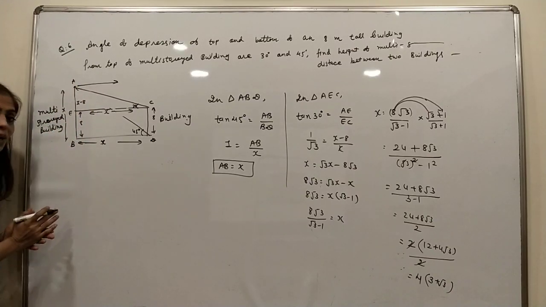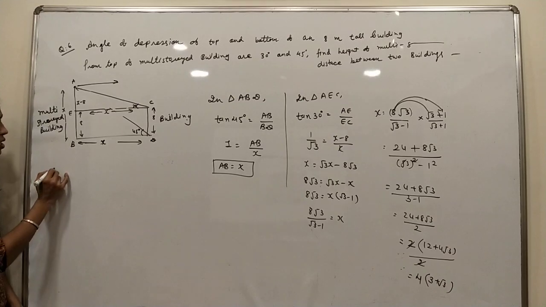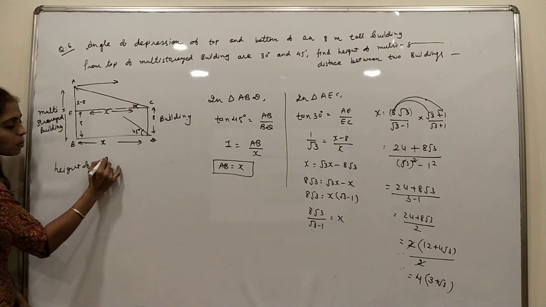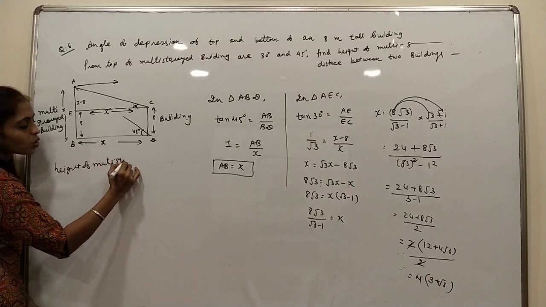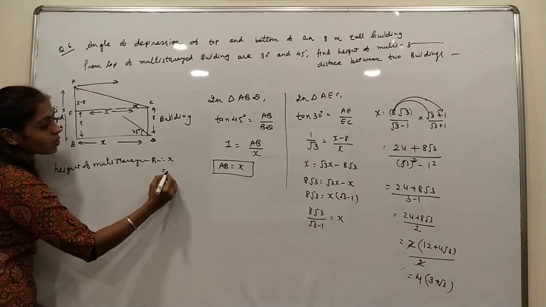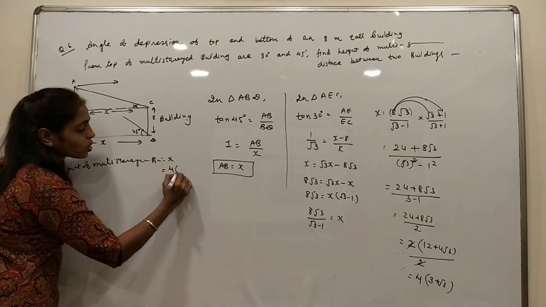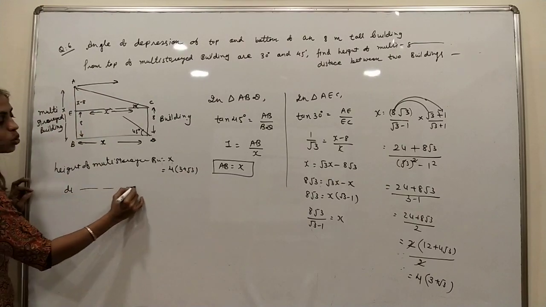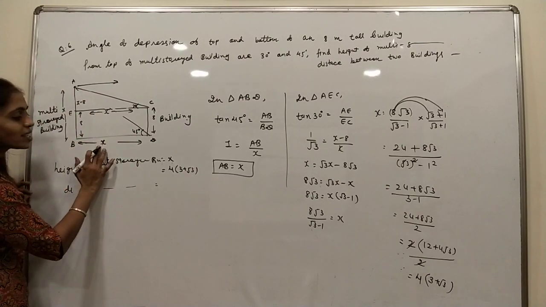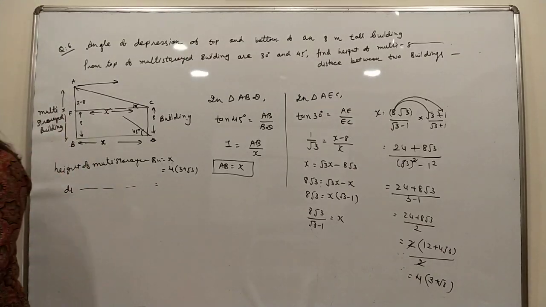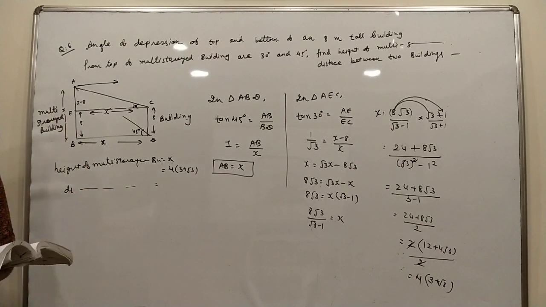So the height of the multi-storied building equals x equals 4 into 3 plus root 3, as well as the distance between the two buildings is x, which is also 4 into bracket 3 plus root 3. That is your answer. Okay.